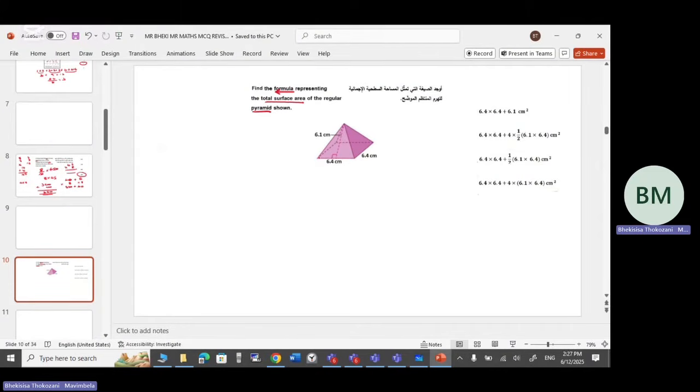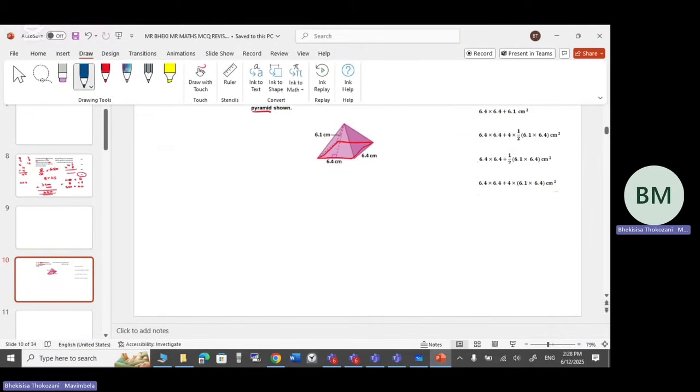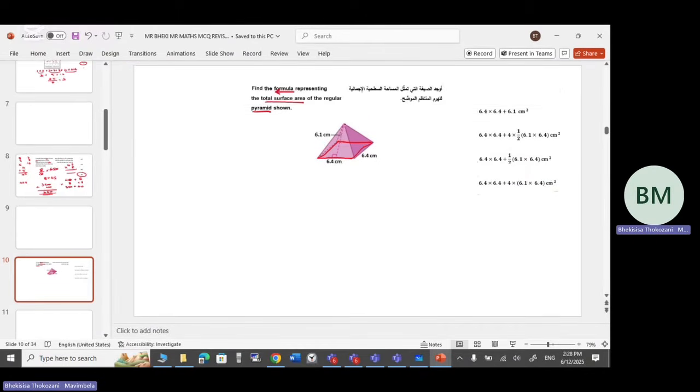Why do I say that? Because the base here is a square. All right, the base is a square. And another thing which is interesting here that I can see, I can also see some triangles.